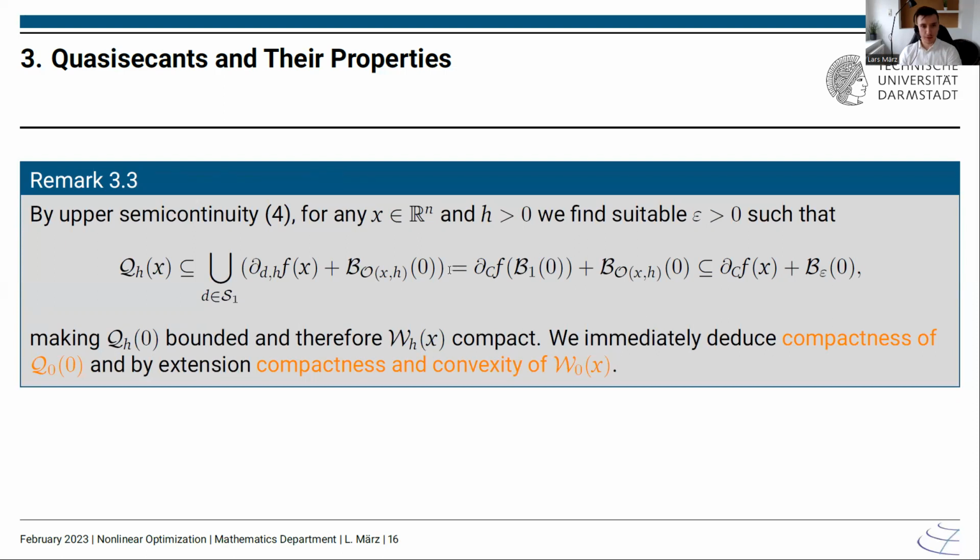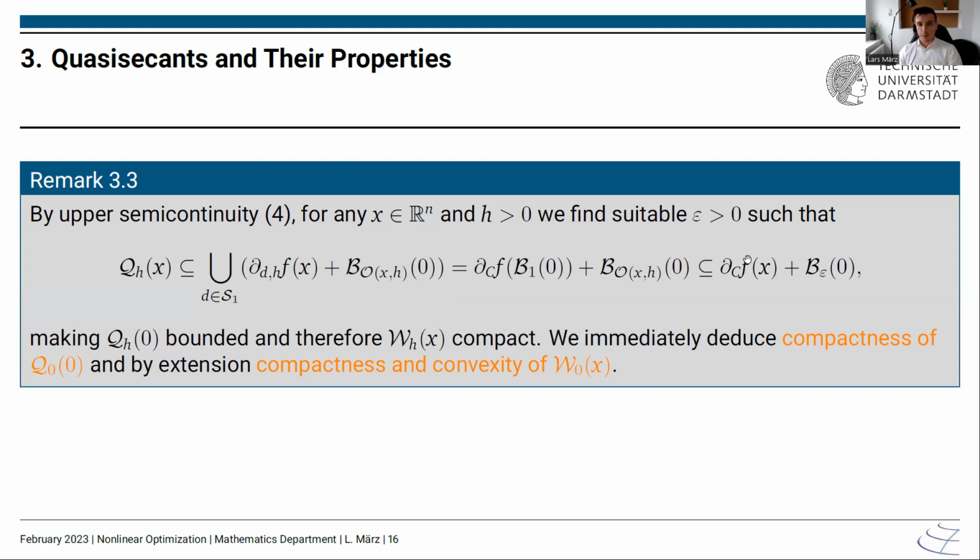The identity in the middle immediately follows from the fact that here we have these line segments in the unit sphere, and we take the union over all of them, so we can summarize them to the unit ball around 0. And then for the inclusion, we use again upper semi-continuity.